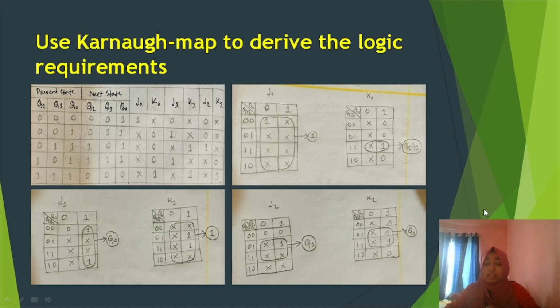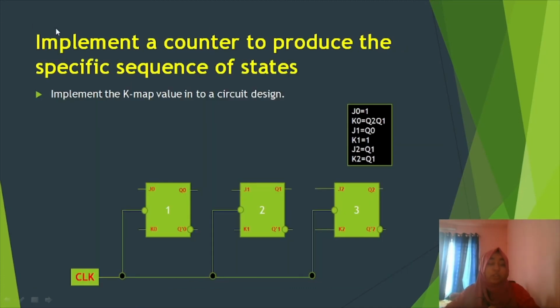Then in the next slide we are going to implement those logics in the circuits. Those logics we get from solving the K-map. We are going to connect those values and make this circuit diagram.